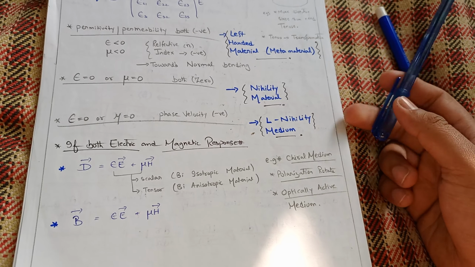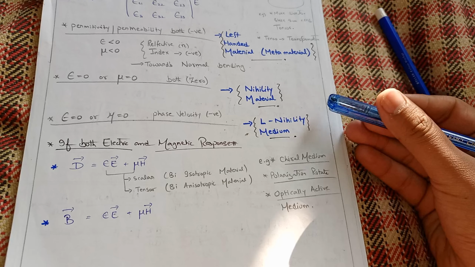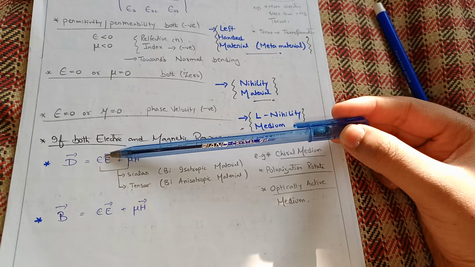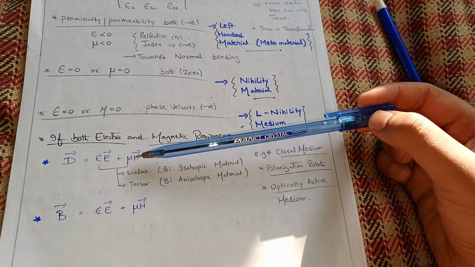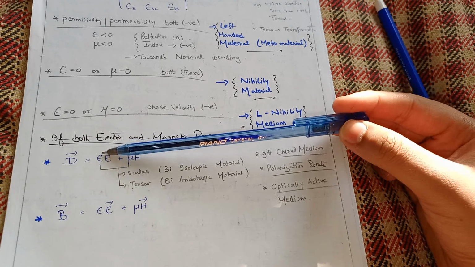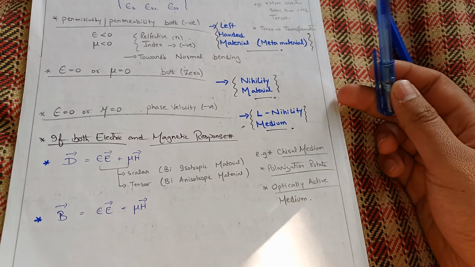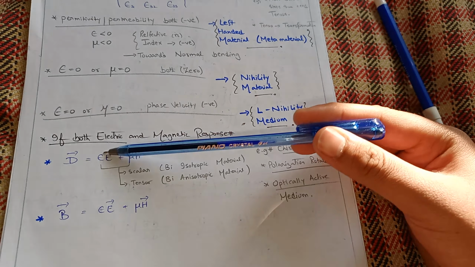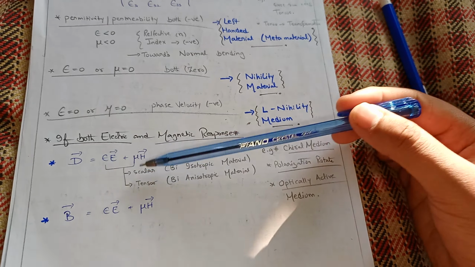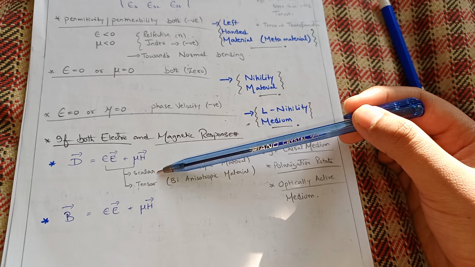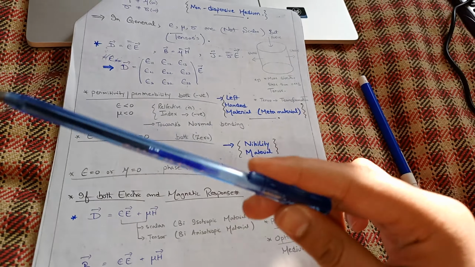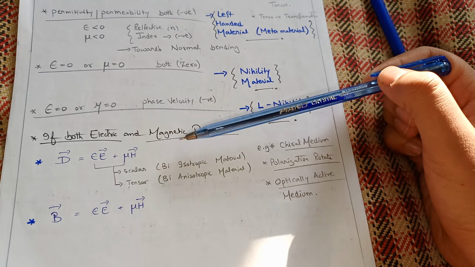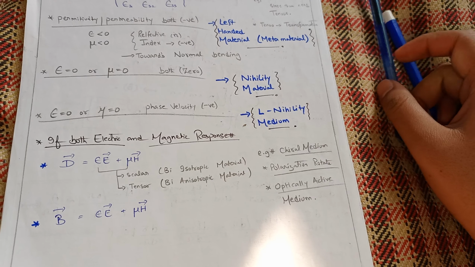But when both are present, and if epsilon and mu are both scalar, because these are the two constitutive parameters, then if they are scalars they are known as a bi-isotropic medium.